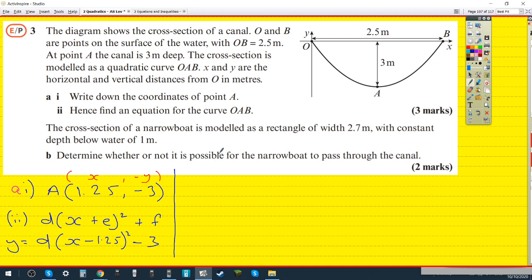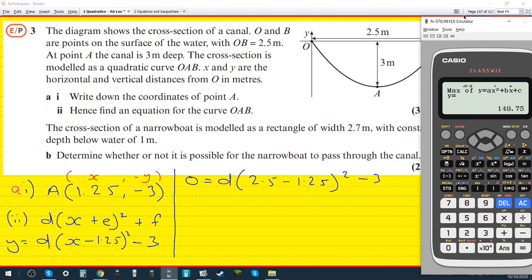Or would it just be 2.5? So what is the coordinates of the 2.5 point? Oh, 2.5 comma 0. Yes. So that's what you can sub in. X is 2.5, y is 0. So 0 equals d times 2.5 minus 1.25, squared minus 3. And you can solve that in a calculator. Make your life a bit easier.